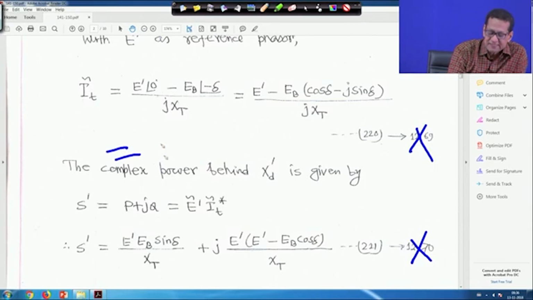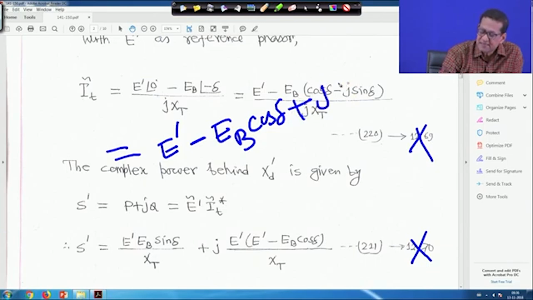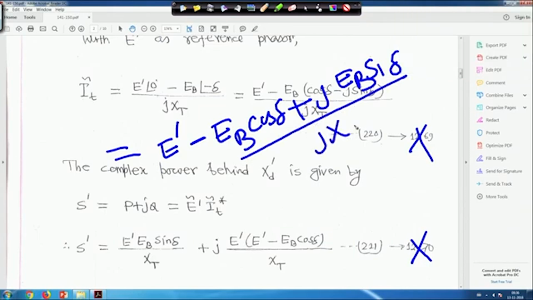I can write it like this: E' minus, I am writing over it, E_b cos delta, and then plus j E_b sin delta, divided by j x_t. This is your full thing, divided by j x_t.